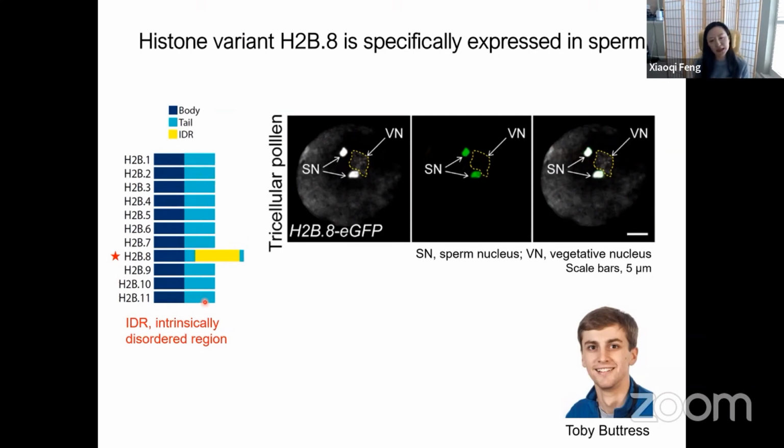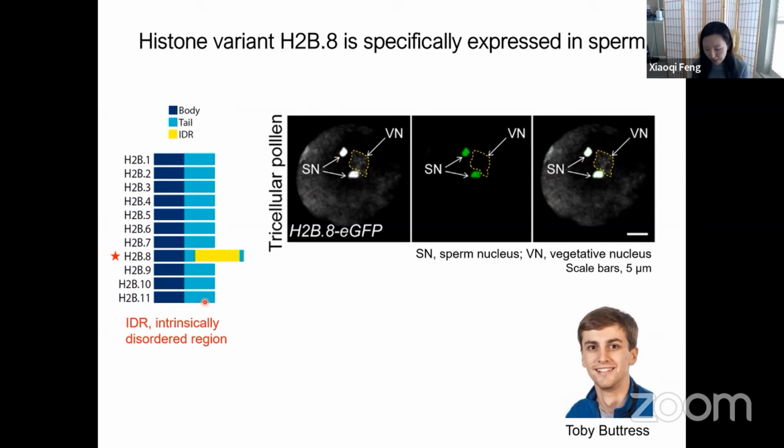This IDR attracted our attention because its presence is conserved among flowering plant species, and also IDRs are frequently associated with the phase separation property of proteins. And because phase separation has recently been shown to induce nuclear condensates, we hypothesized that H2B.8 may contribute to sperm chromatin condensation via a phase separation mechanism.